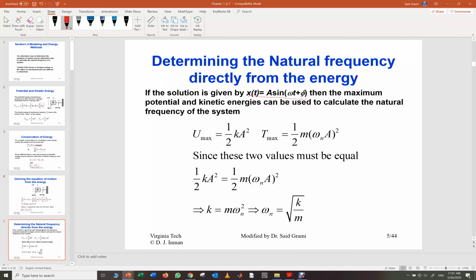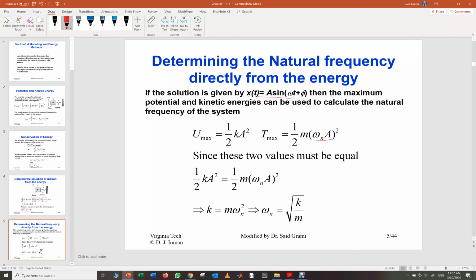When we calculate x dot, we get A omega as the maximum value of the speed. So the kinetic energy will be half m omega n squared A squared.